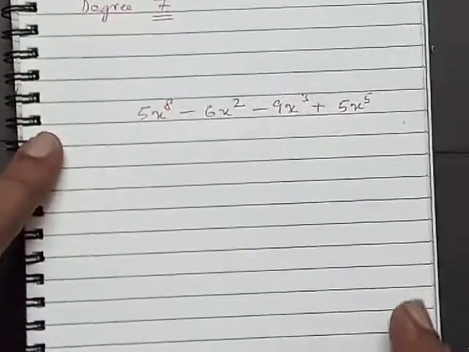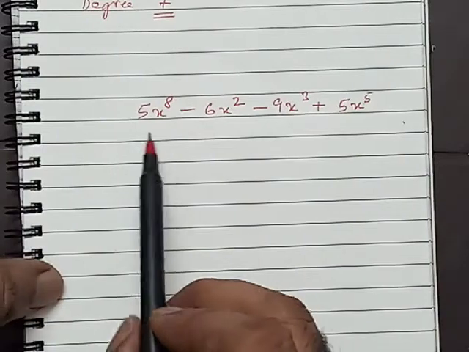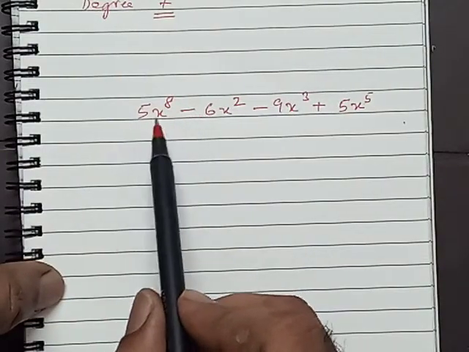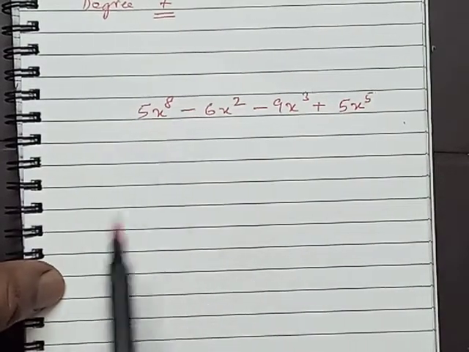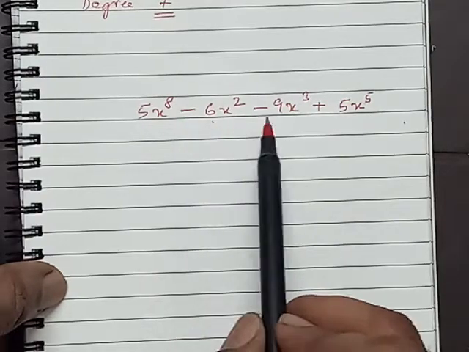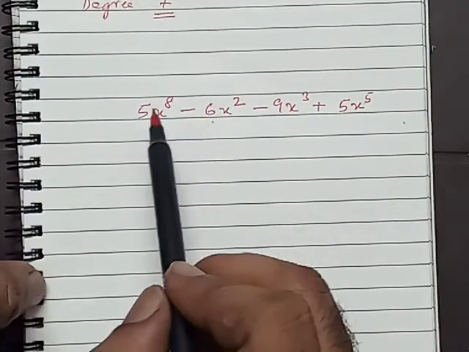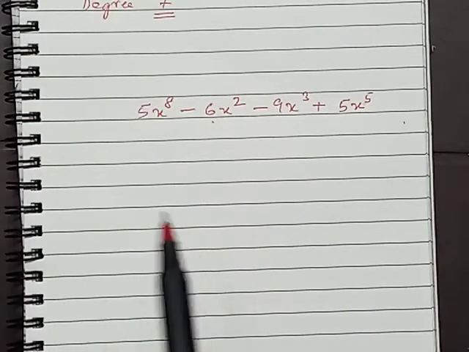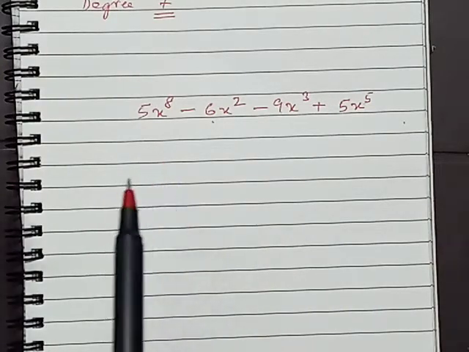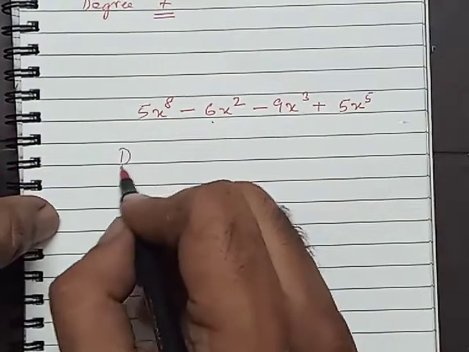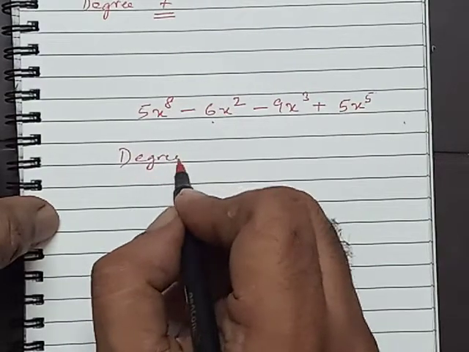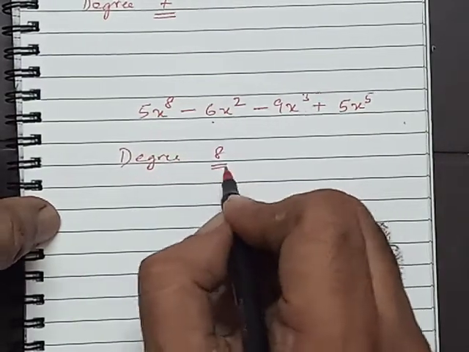Again, look at this. Which is the highest degree? x raised to 8. 8 is the highest degree. Negative sign is there, does not make a difference. We just have to see whether the variable has got the highest degree. So the degree of this polynomial will be 8. You're right if you're thinking like that.